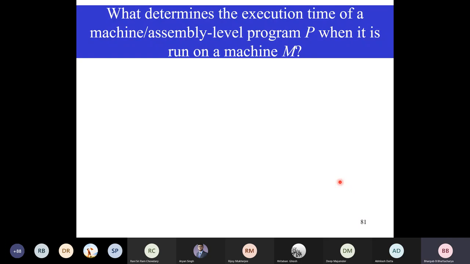If the execution time differs, then it will be an additional overhead for the controller to manage that. So for simplicity, let us assume that all instructions are more or less the same. Number of instructions is one thing, right? Instruction count.